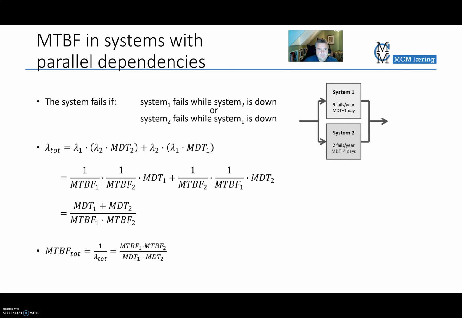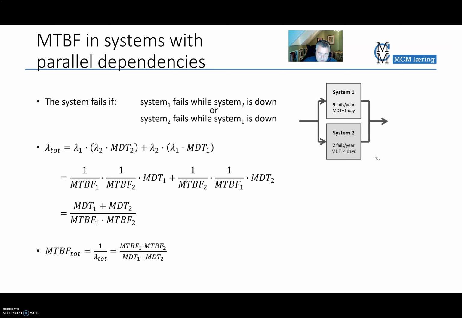What about parallel systems? In order to analyze that, we also need to find the mean downtime for the individual elements. Let's say system 1 here has 9 fails per year, but it has a mean downtime of 1 day. And it has a parallel relation to another system, which has 2 fails per year and a mean downtime of 4 days.